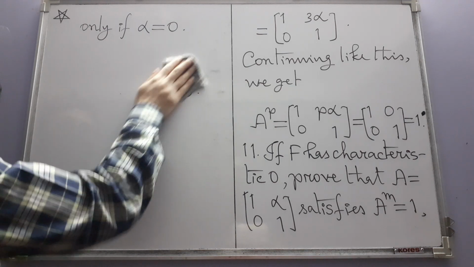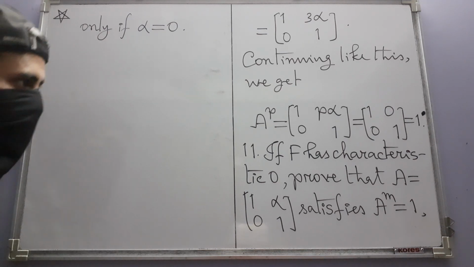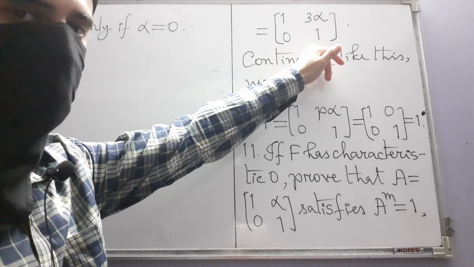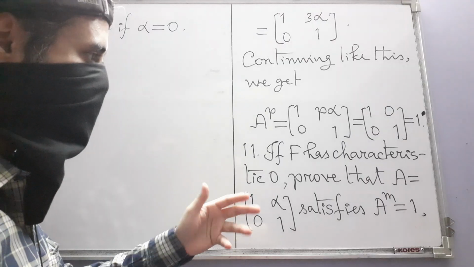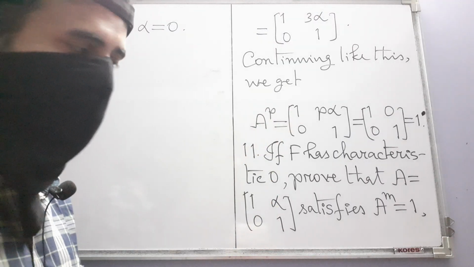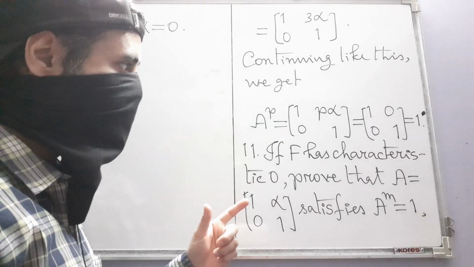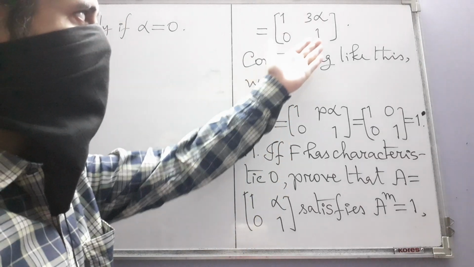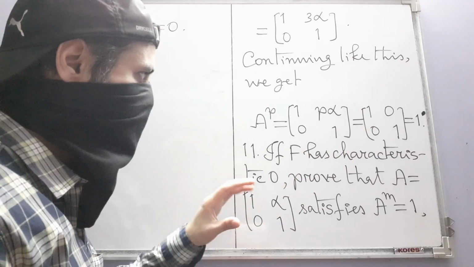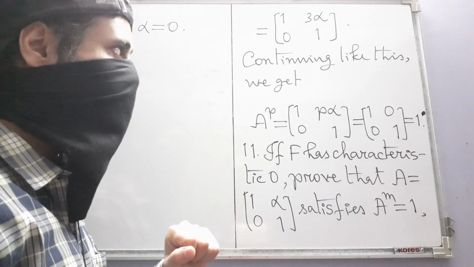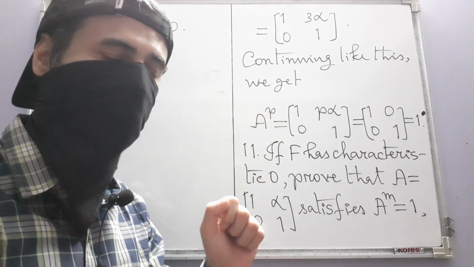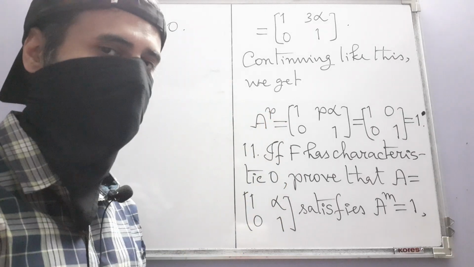We can save our labor somewhat by noting that in the previous solution also, the powers of A that we calculated had that specific form. The form in which the matrix powers come and their entries come is not dependent on the fact that there F was of characteristic P, whereas here F is of characteristic 0.